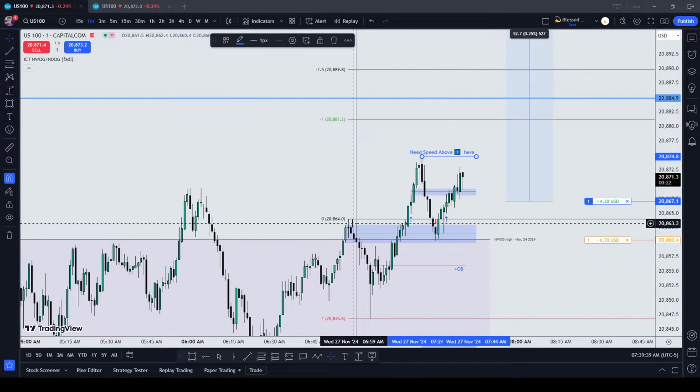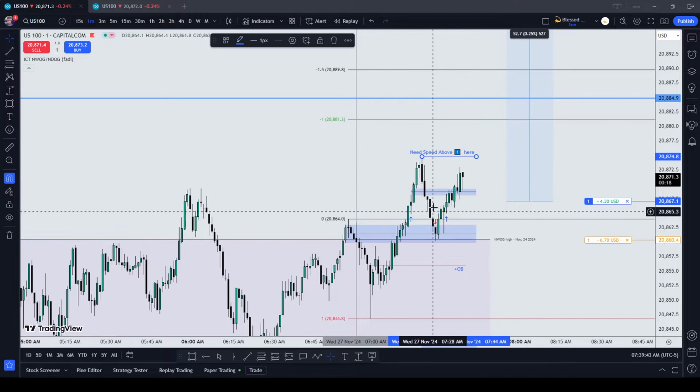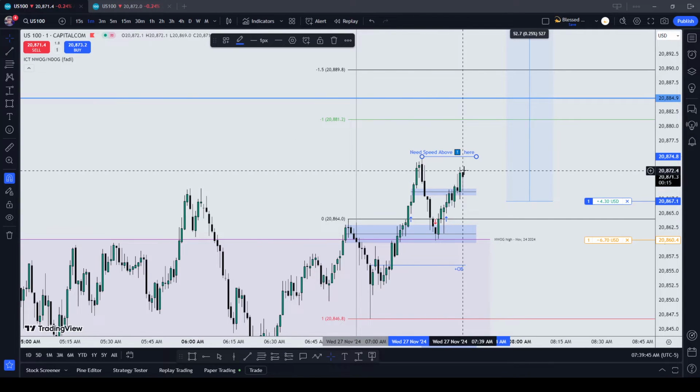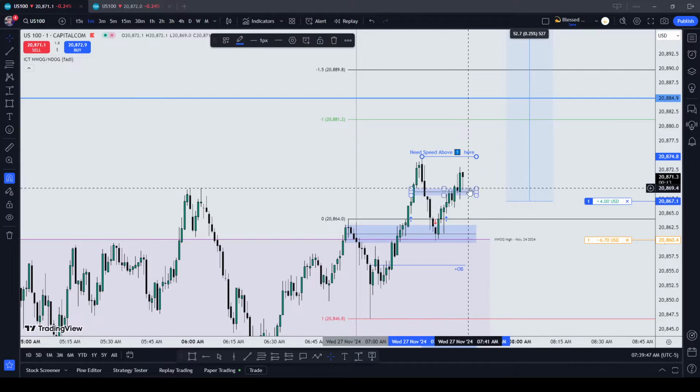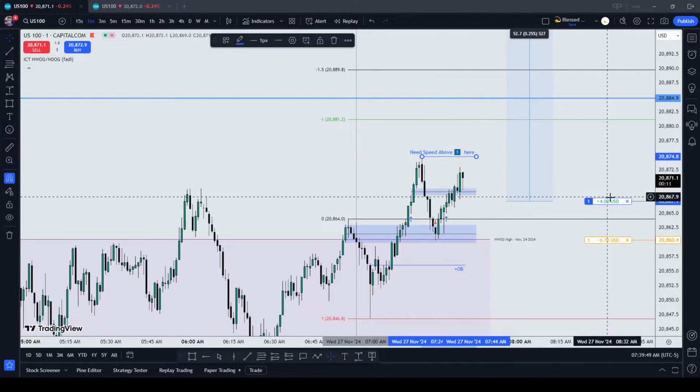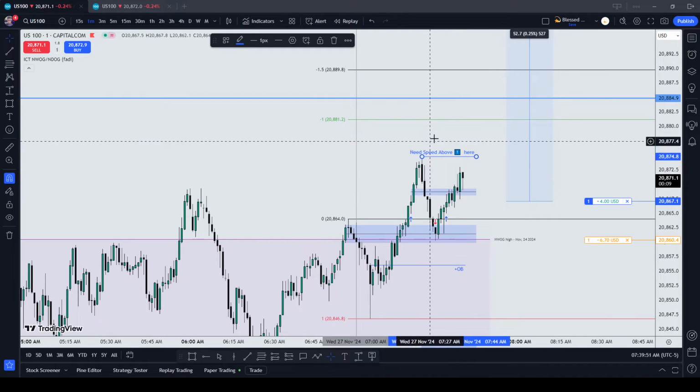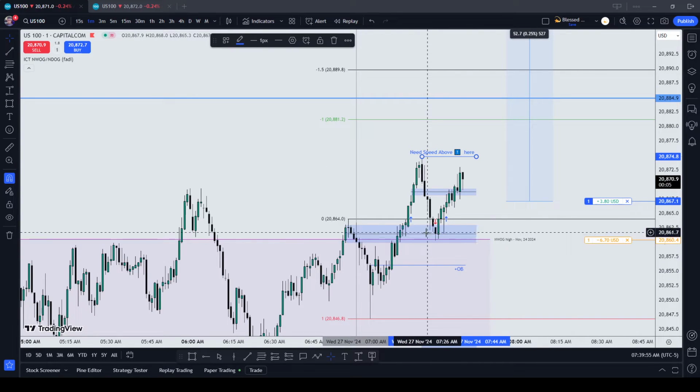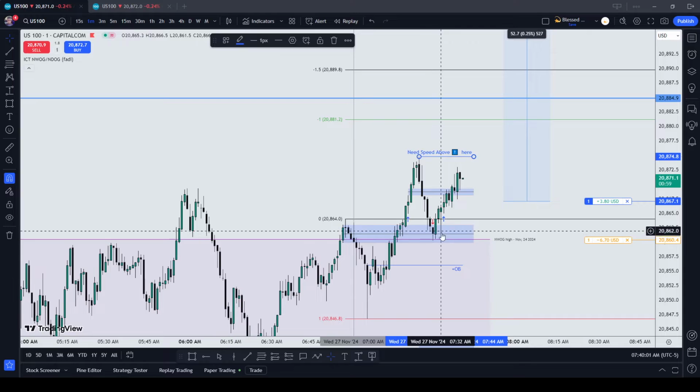So right now, I'm watching how this candle closes, to determine where I'll move my stops to. In fact, for now, my stop stays at the breaker.